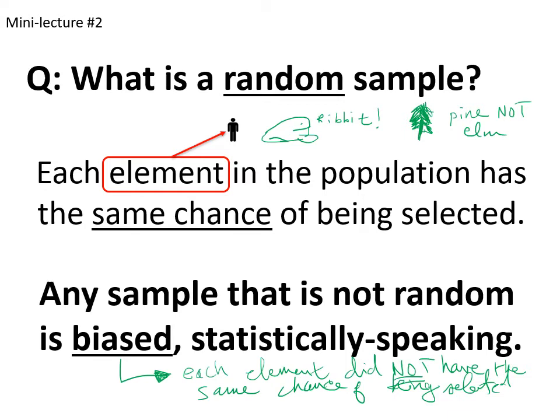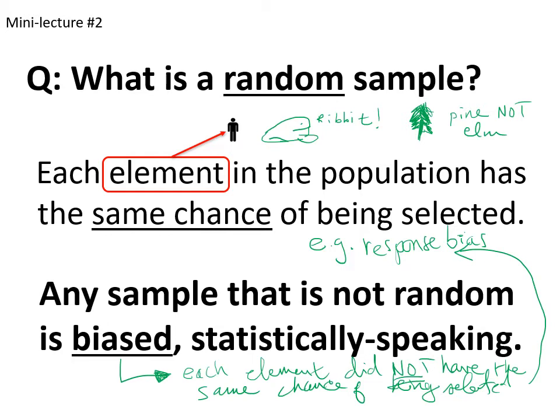And there's a lot of things that can cause that. So with people, there can be a response bias. It might be that there's some characteristic of people that makes them more or less likely to respond to a survey, for instance.